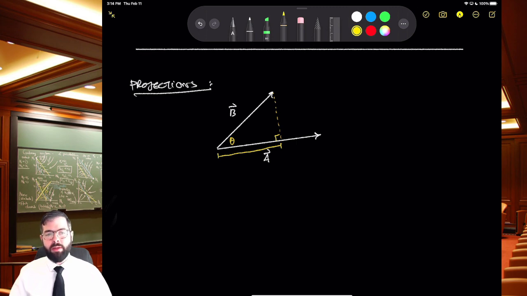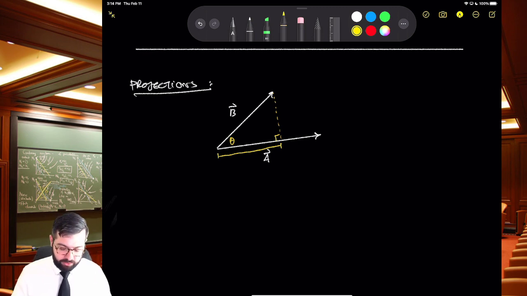How could you describe to me the length of this side using the information I've given you so far? That's the projection of B onto A, yes.